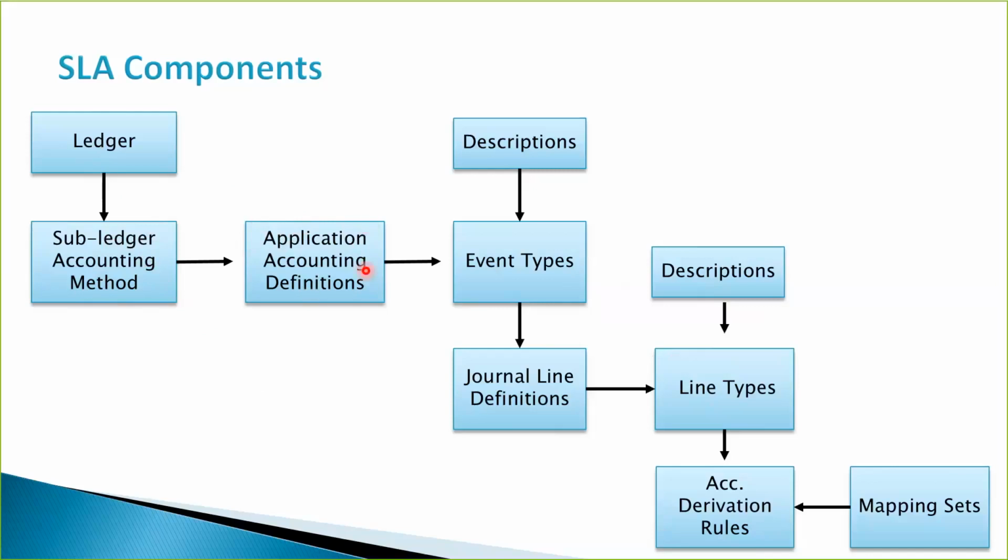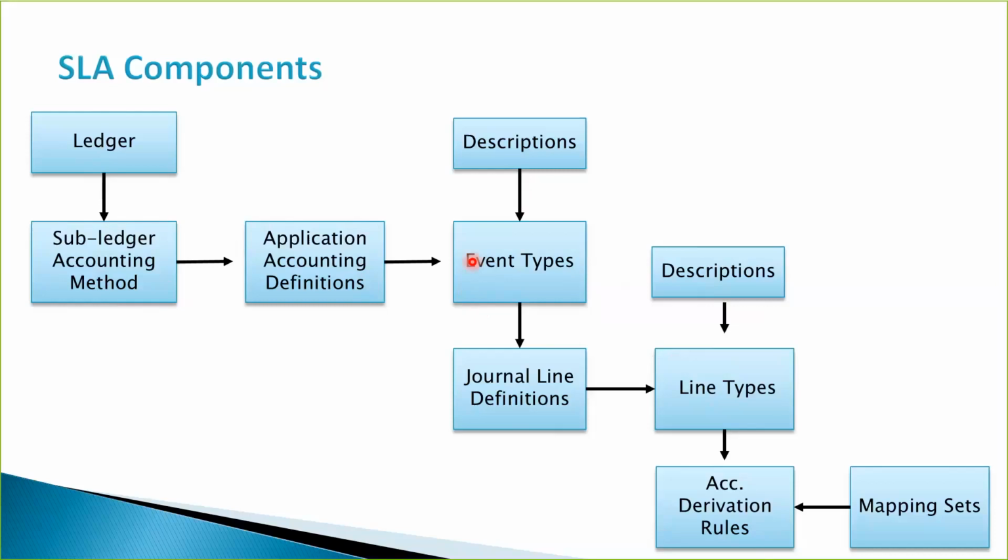Of course, you'll have multiple event types because there are different types of transactions. For example, if you're dealing with AP, creating invoices is an event type, and canceling invoices is another event type.